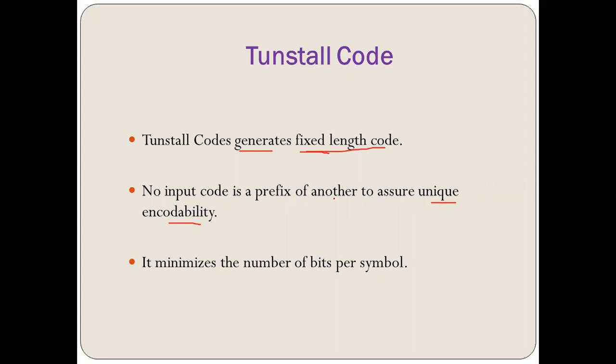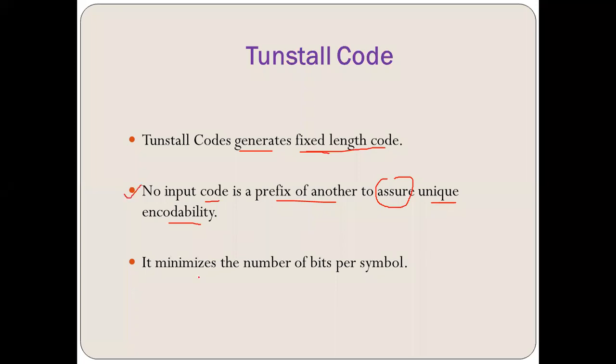It says that unique decodability or encodability is assured. How is it assured? It is assured as no input code is a prefix of another. This is how we used to find out whether a code is decodable uniquely or not. Input code should not be a prefix of another code, right? So it assures this particular part.